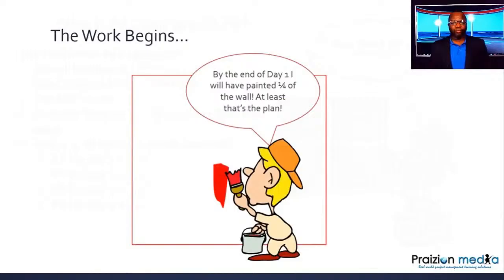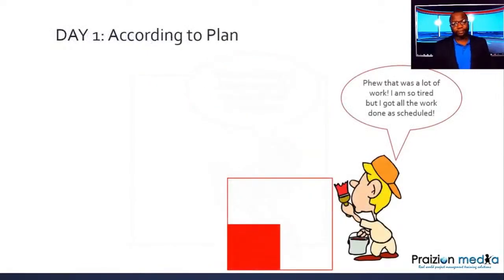So by the end of day 1, I will have painted a quarter of the wall. At least that's the plan. Okay. Enter day 1. At the end of day 1, Herman says, phew, I was really tired. But I got all the work done as scheduled.